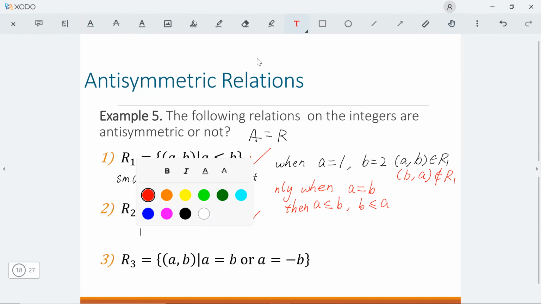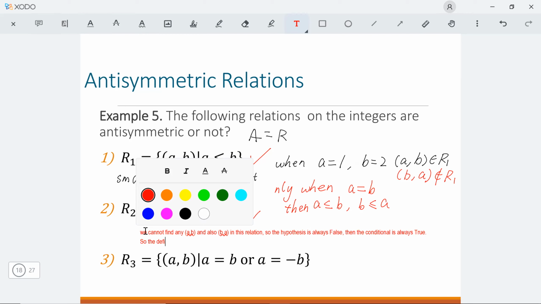Okay, so this is because we never can find... maybe let's type it here. So we cannot find any AB and also BA in this relation. So the hypothesis is always false, then the conditional is always true.